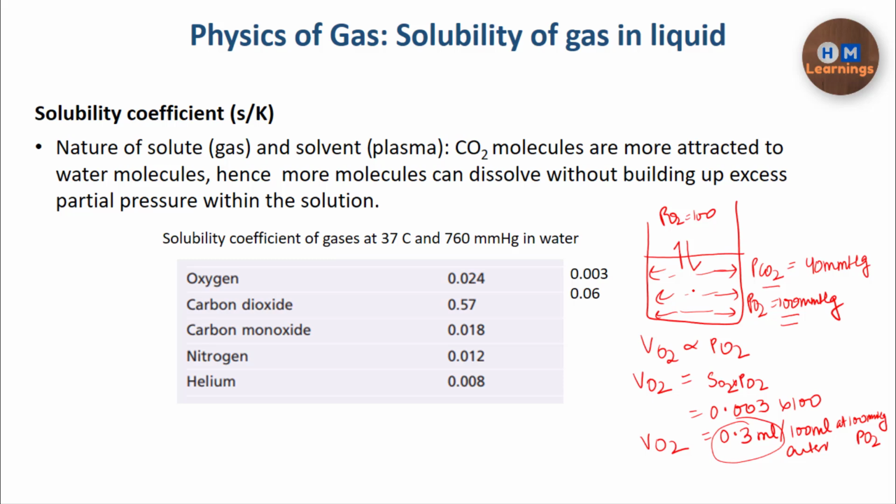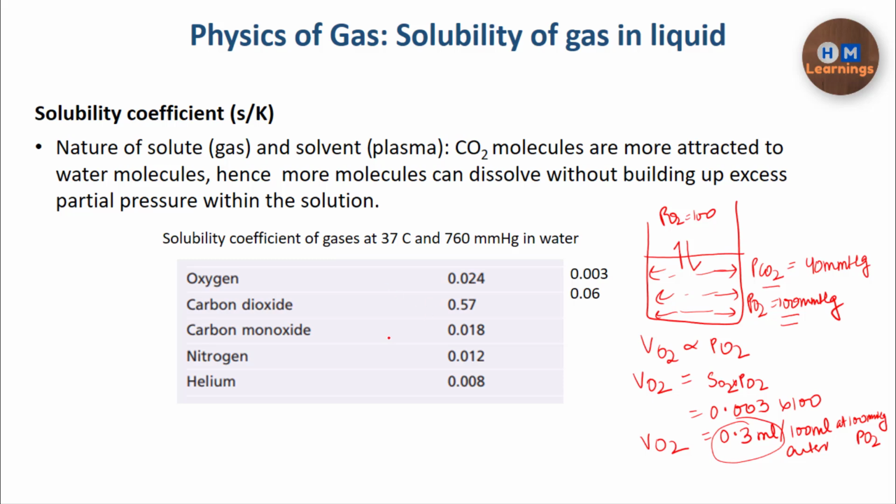So even in the dissolved form, they are going to exert the partial pressure, and that pressure will be equal to the pressure in the gaseous phase to which it is equilibrated. So you are equilibrating the arterial blood with the alveoli, which have a PO2 of 100 mmHg. That means your blood plasma is also going to exert a partial pressure of PO2. Similarly, for carbon dioxide, it will exert a PCO2 of 40 mmHg.